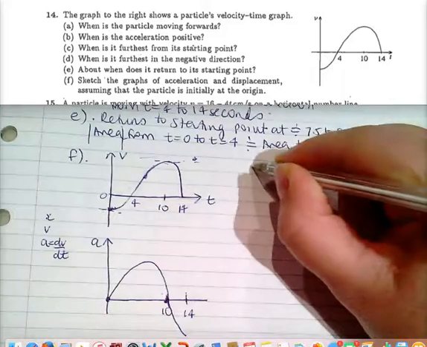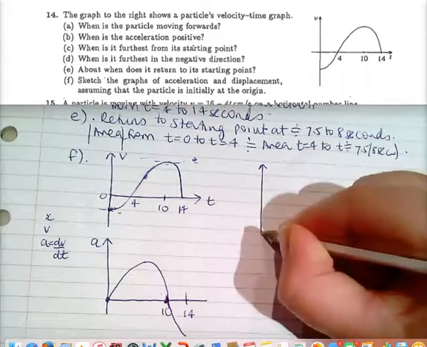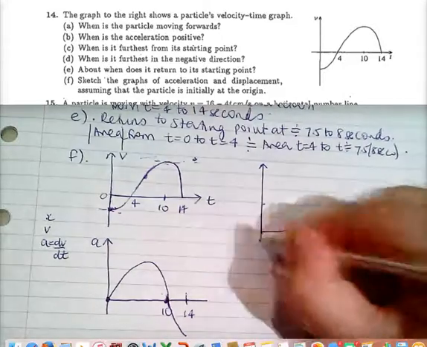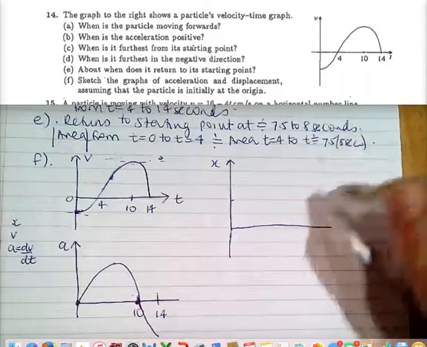then the displacement curve. Now, we need to look at the information that we gathered in the question, okay? So we know that it said at time equals 14.